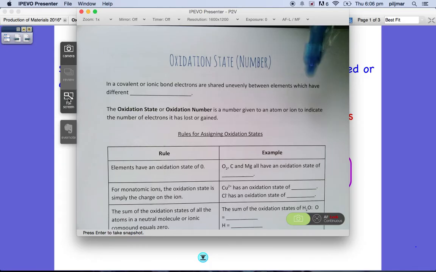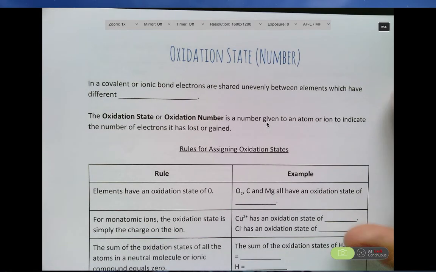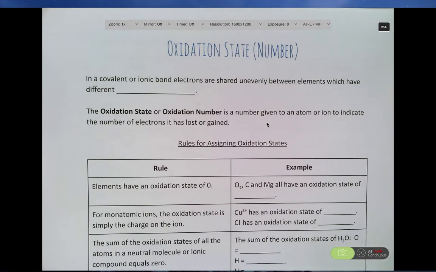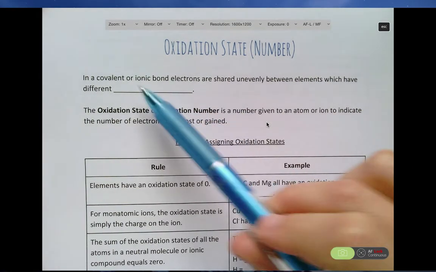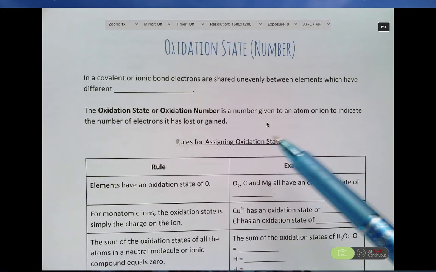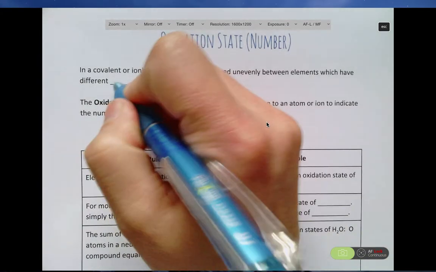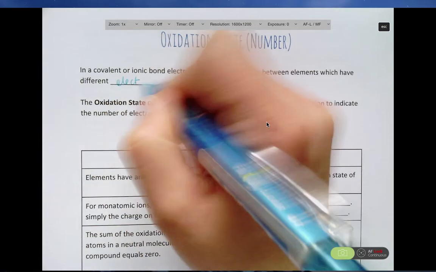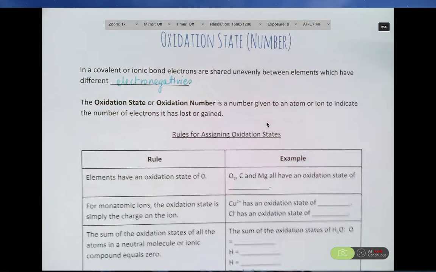When we're looking at oxidation states or numbers, there's our basic knowledge in terms of chemistry and why electrons are lost and gained. In covalent or ionic bonds, electrons are shared unevenly between elements which have different electronegativities. So we're already aware of that.